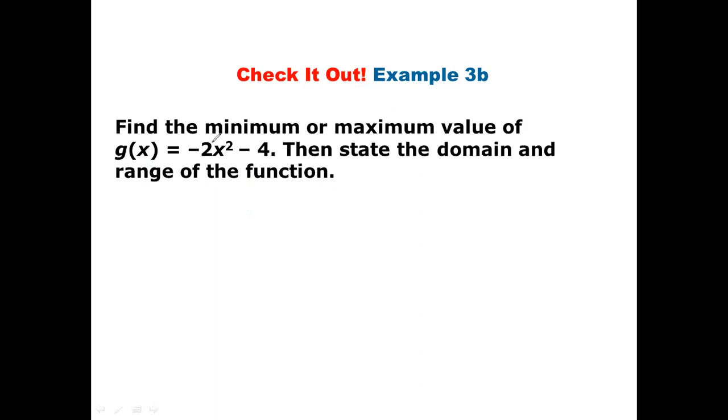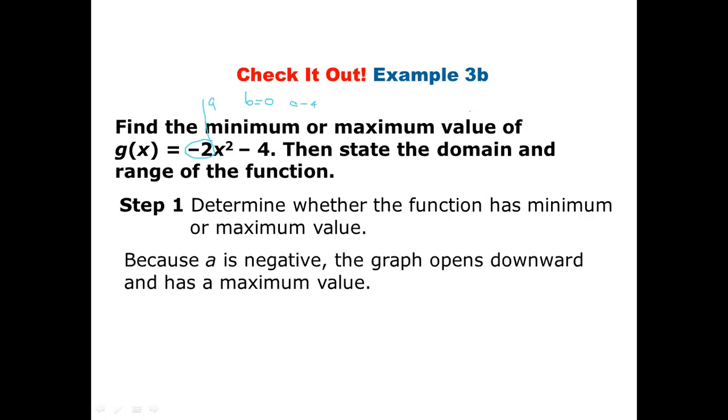Here a is negative 2, b is 0, and c is negative 4. Again, the parabola will open downward because the coefficient of x squared is negative 2.